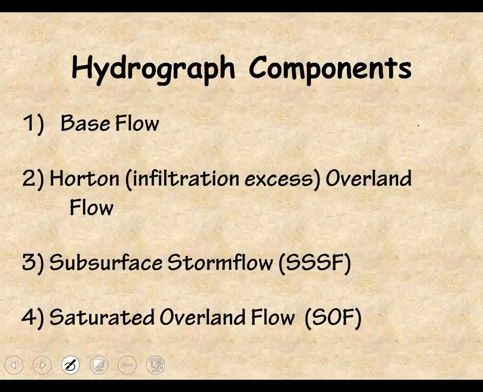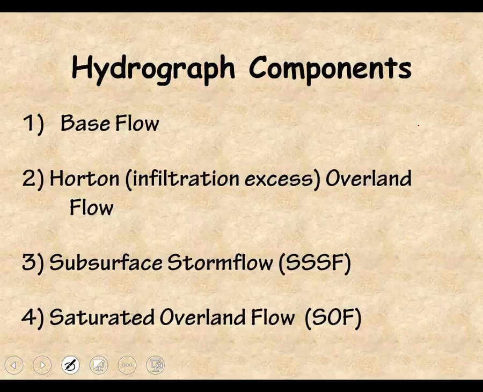Then we have something called Horton overland flow, or infiltration excess. That's what I alluded to when I said that when the rainfall is greater than the rate of infiltration, we have overland flow. It just can't sink in fast enough, so it has to move overland.